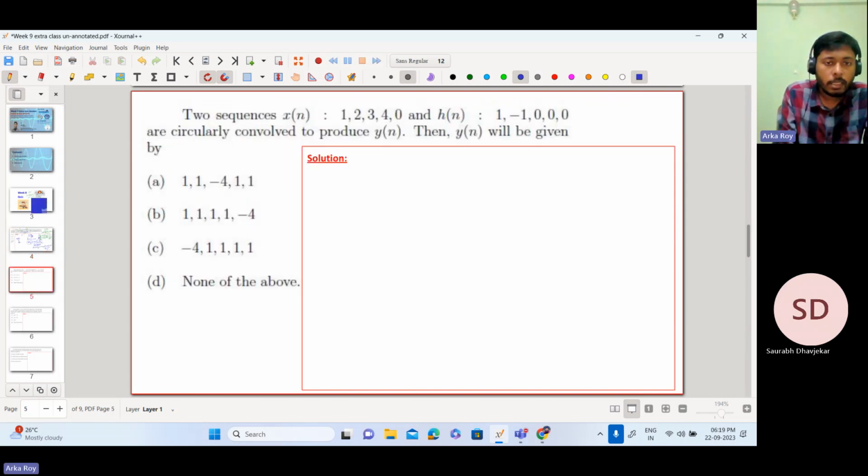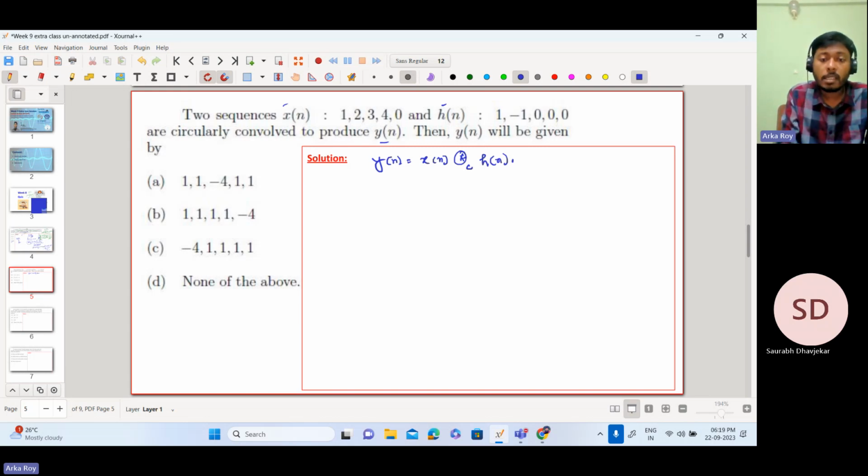In the next question, there are two sequences, x(n) and h(n), which are circularly convolved to produce y(n). So y(n) equals x(n) circularly convolved with h(n). We have already seen how to calculate circular convolution.